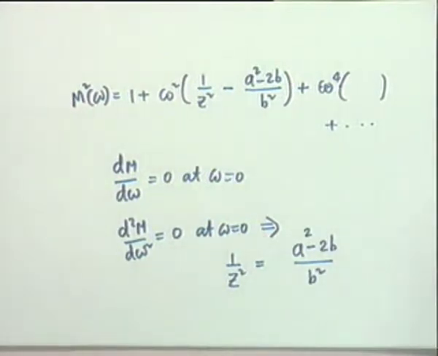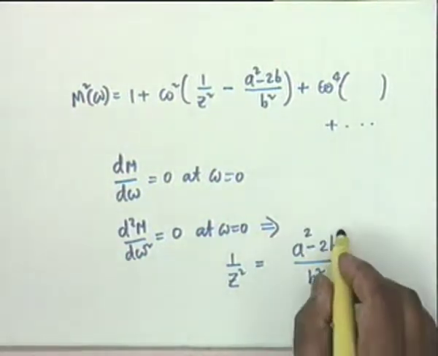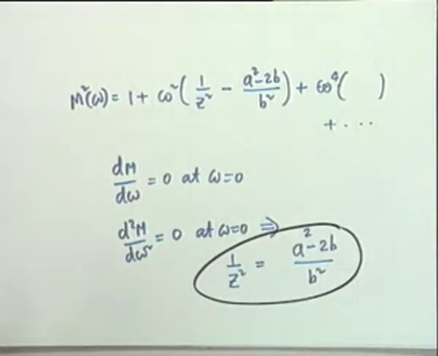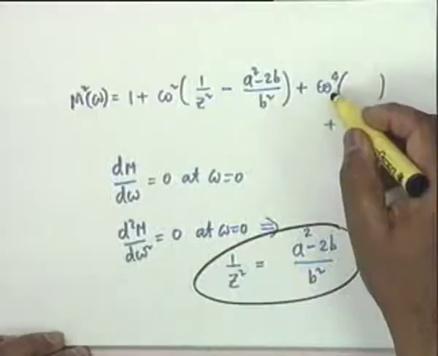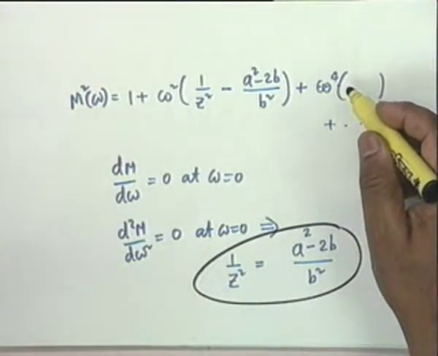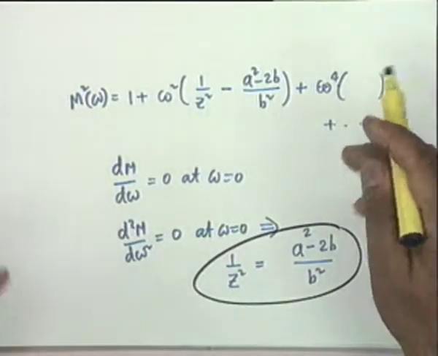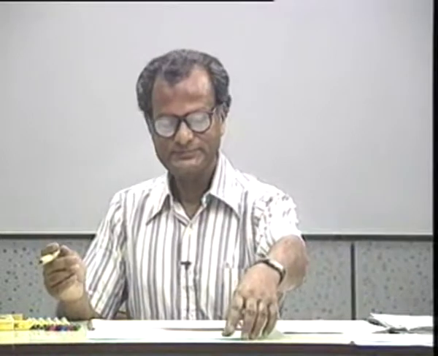This is the condition that is needed for the second order flatness. As far as the next differentiation is concerned, you see 4 omega cubed, 12 omega squared, then 24 omega, obviously that is automatically 0 at omega equal to 0. The degree of the rational function is 4, isn't that right?